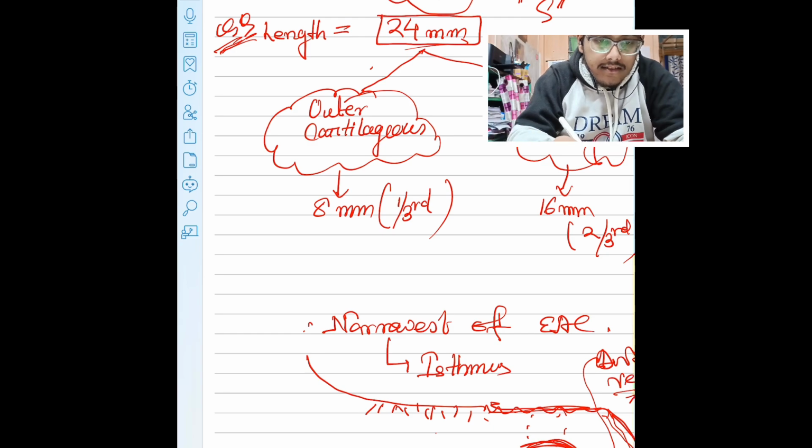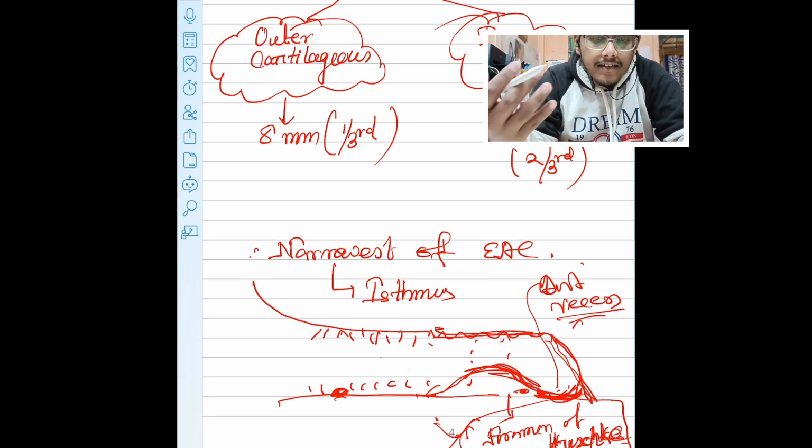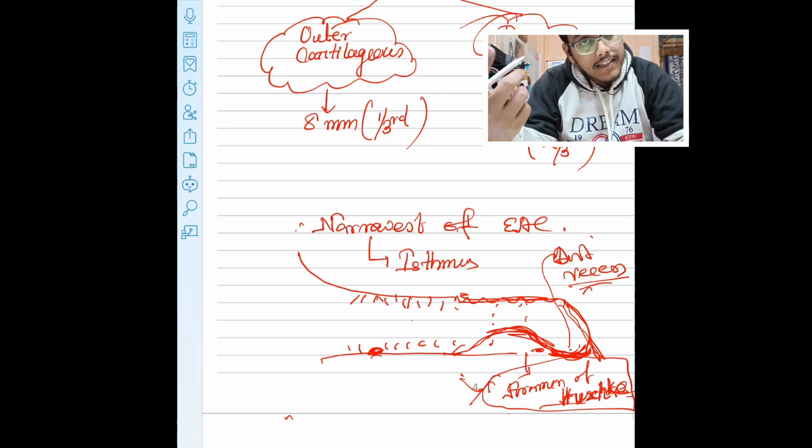It has two components. The outer part is the cartilaginous part, the outer 1/3 only, that is 8 mm, and the inner 2/3, that is 16 mm, is the bony component. So outer 1/3 cartilaginous, inner 2/3 bony.